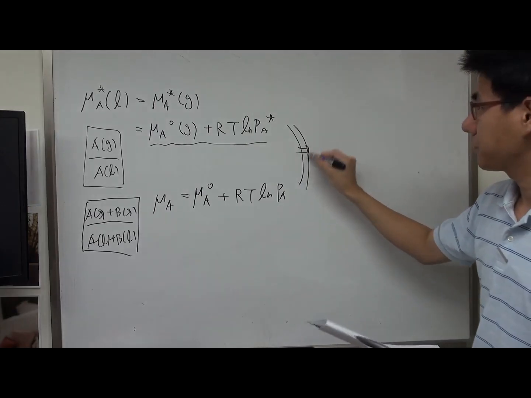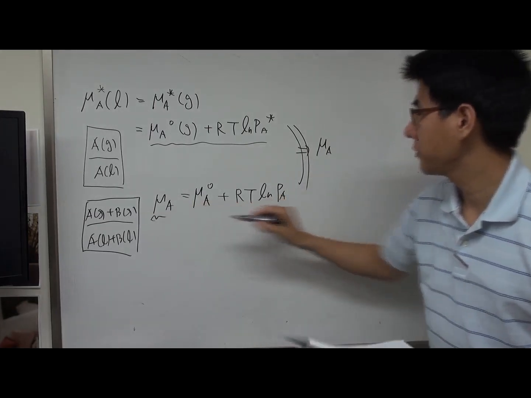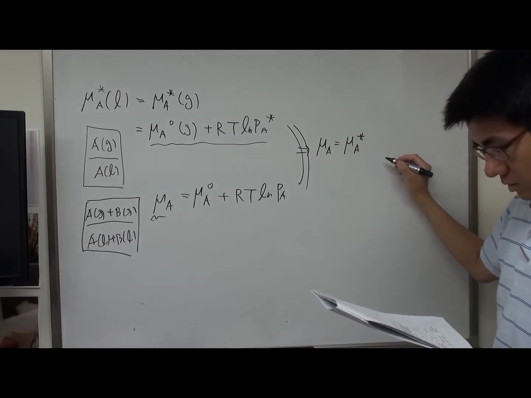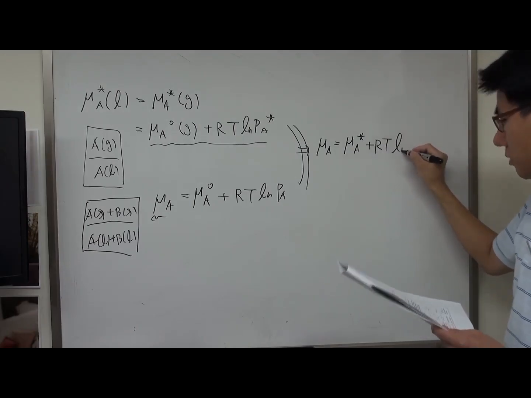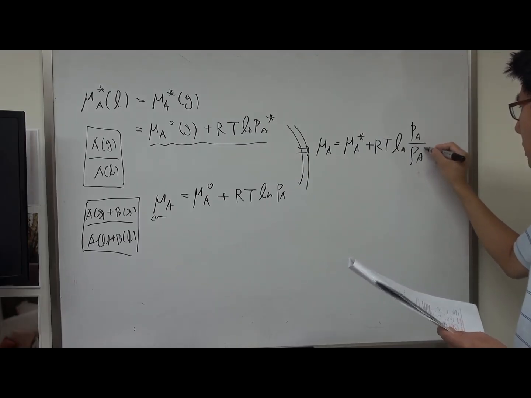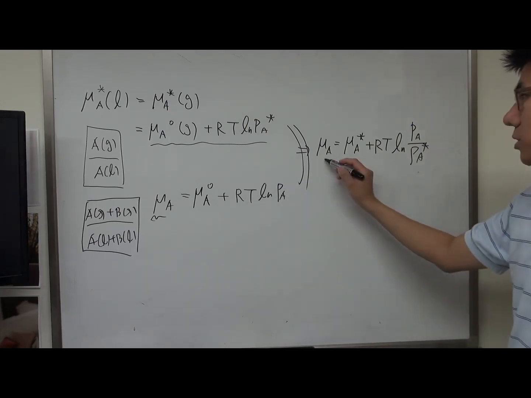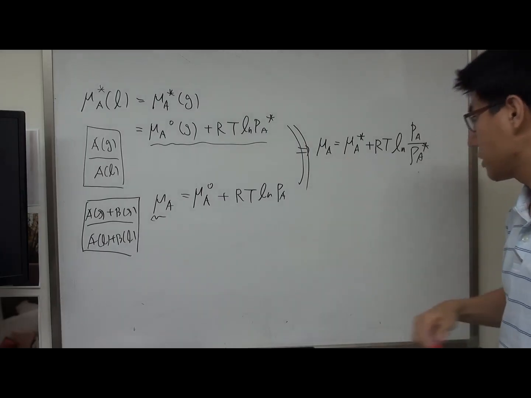So if you combine these two expressions, you can get mu A is equal to mu A star plus RT ln PA over PA star. Okay?